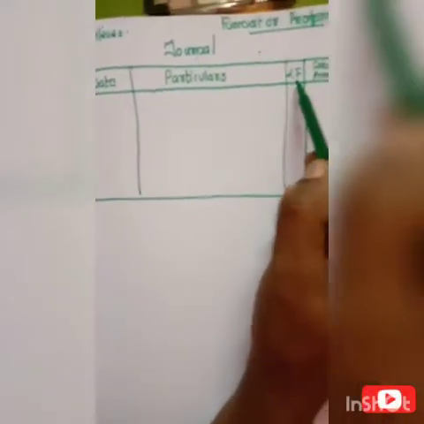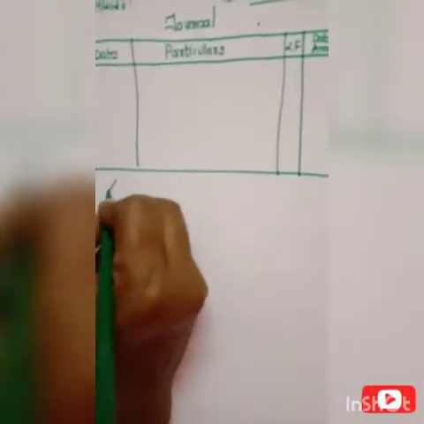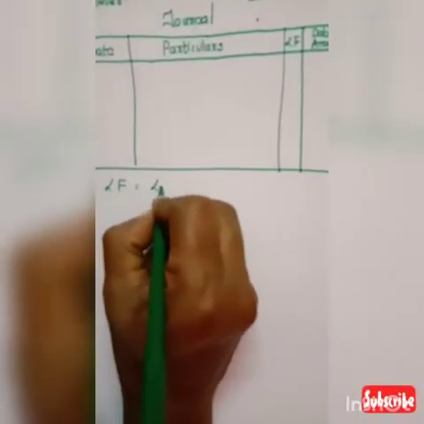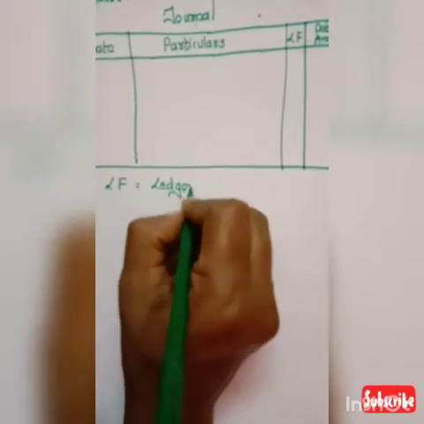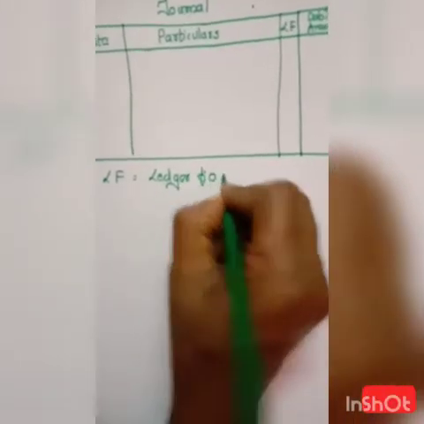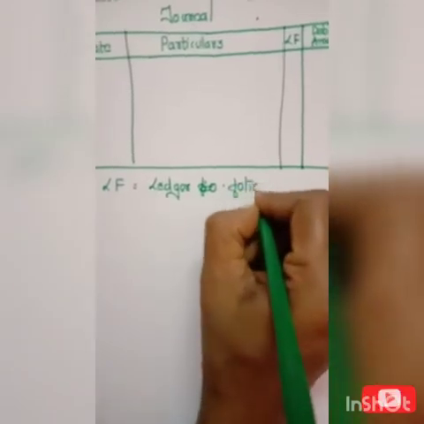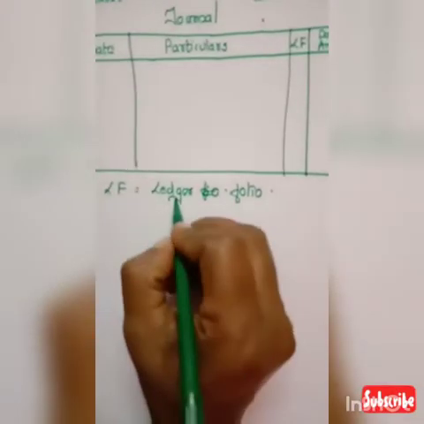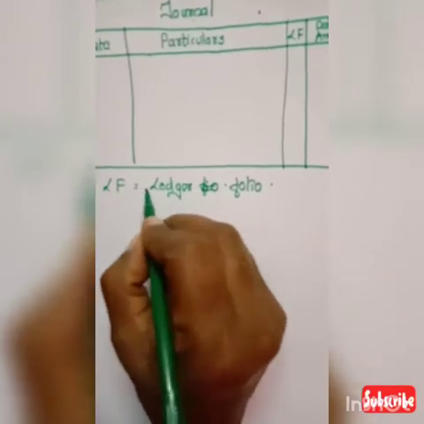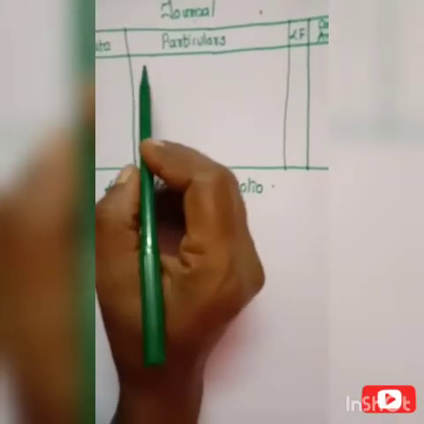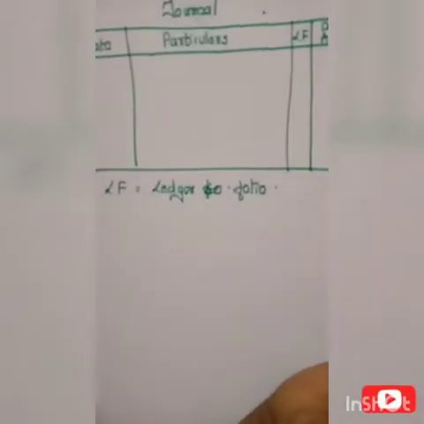Then the LF column means ledger folio. Ledger folio means the page number of the ledger in which each journal entry is posted.